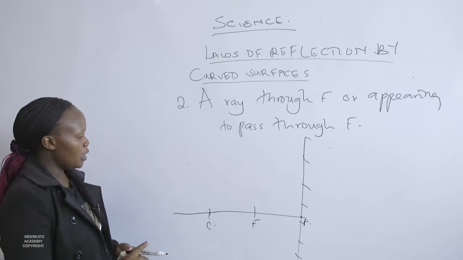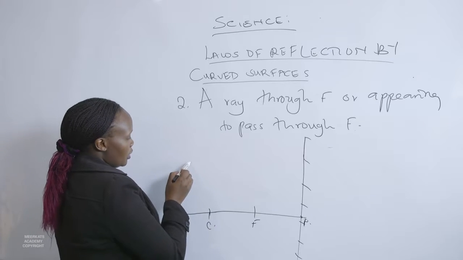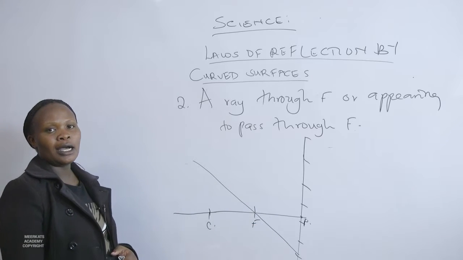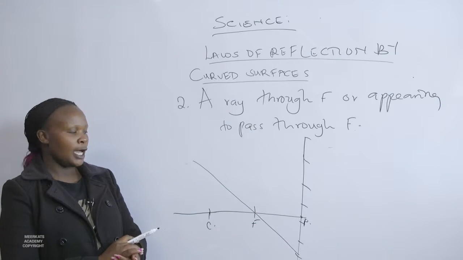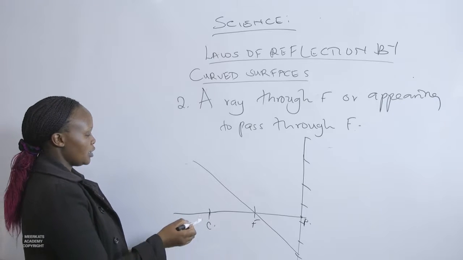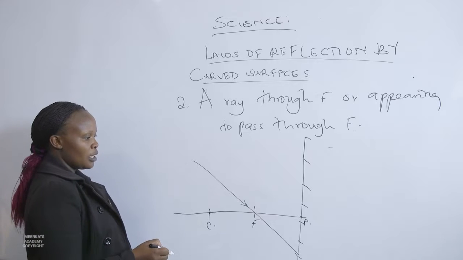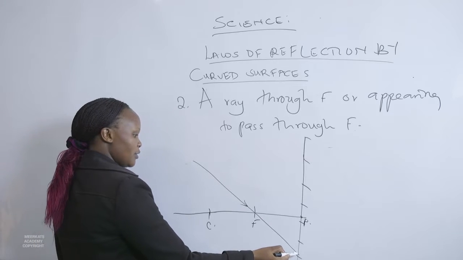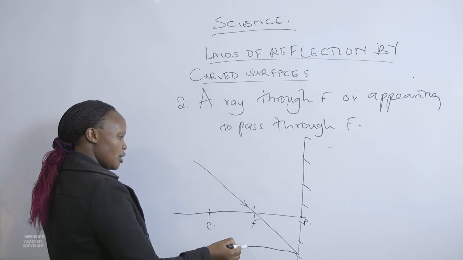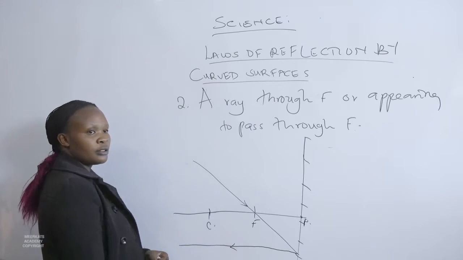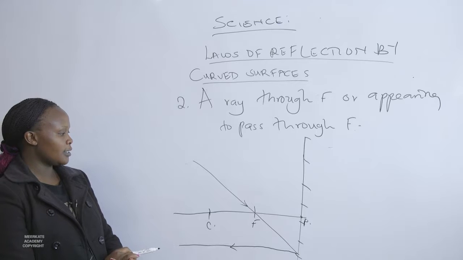Now, if we had a ray incident on our reflecting surface and through F like that, this ray is reflected in such a way that it is parallel to the principal axis.